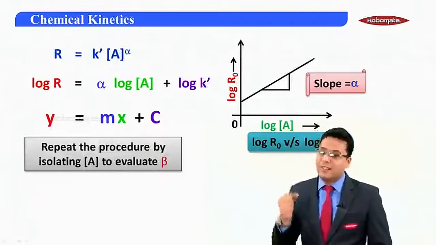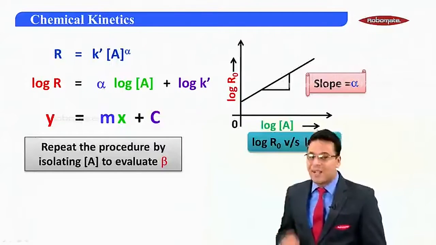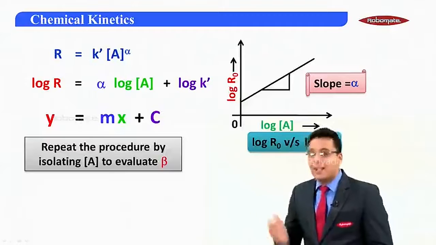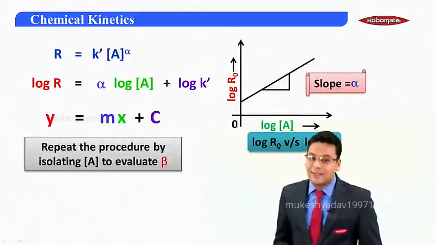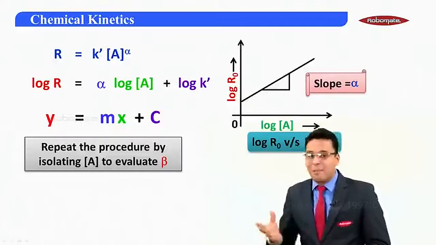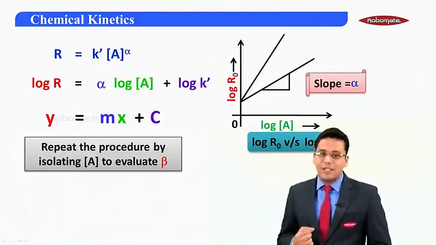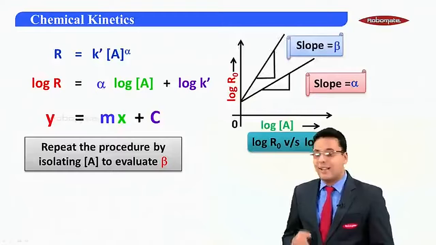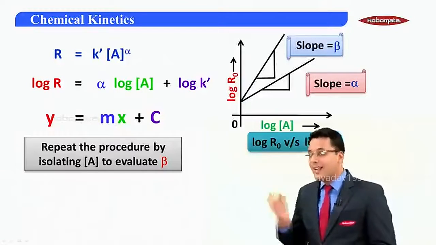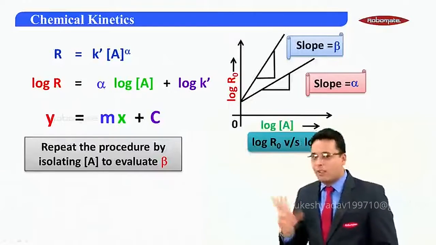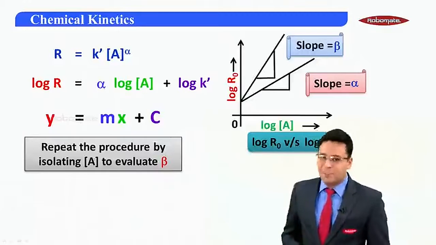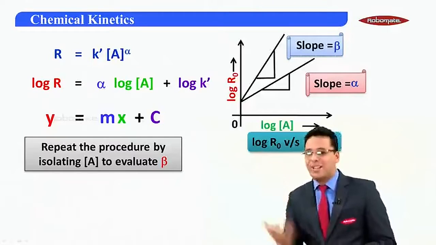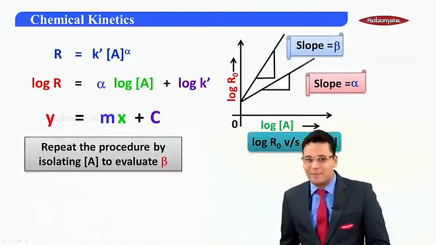Now once you repeat the same procedure, once you isolate A by taking it in excess, you can use the same method to evaluate the value of beta. Again, all you have to do is take A in excess, take log, obtain the graph with respect to concentration of B, and you will get beta as the slope.